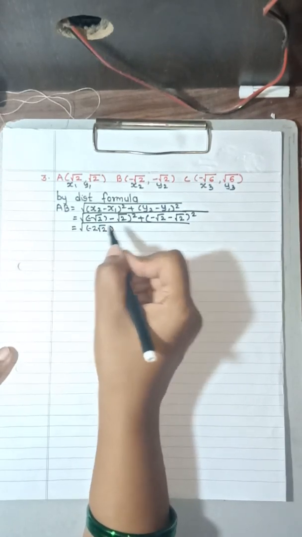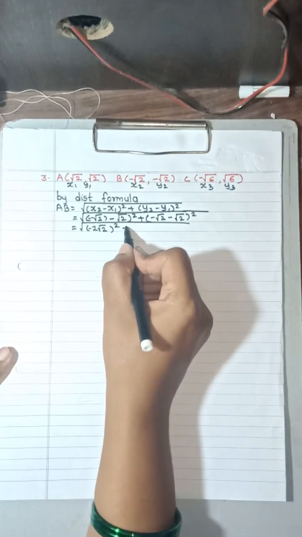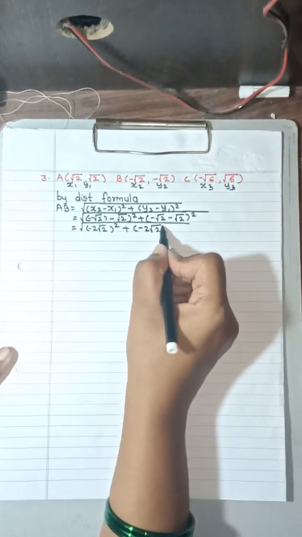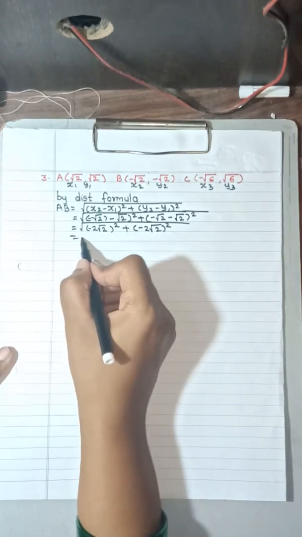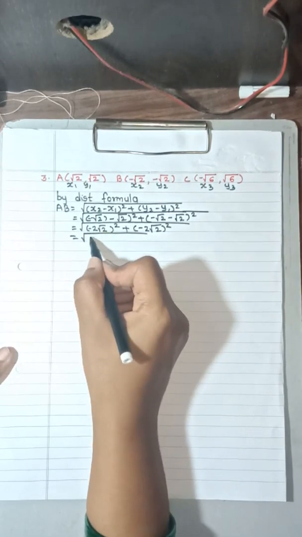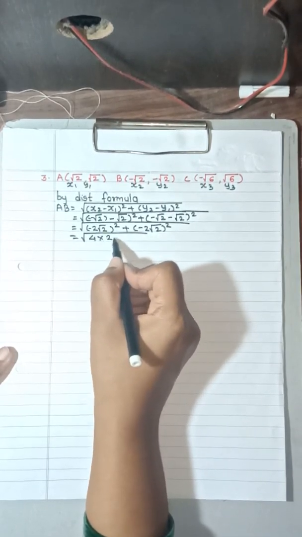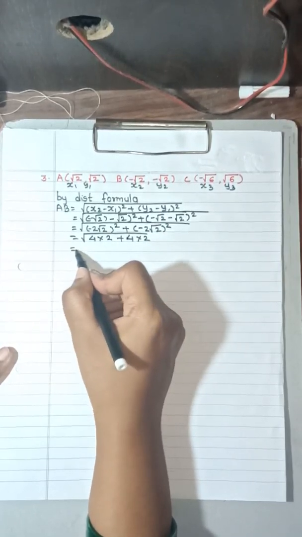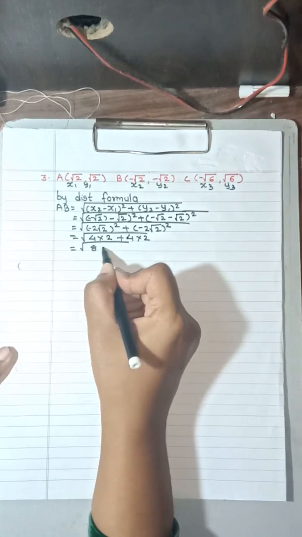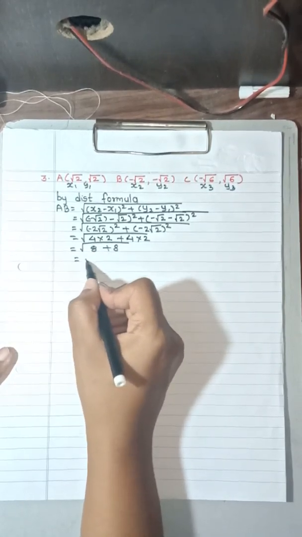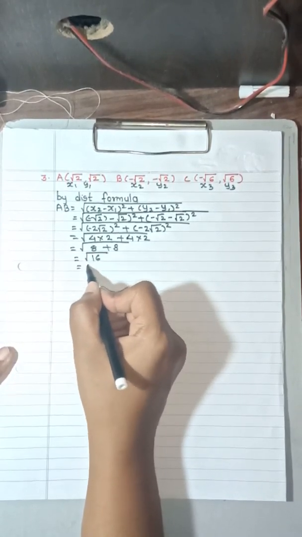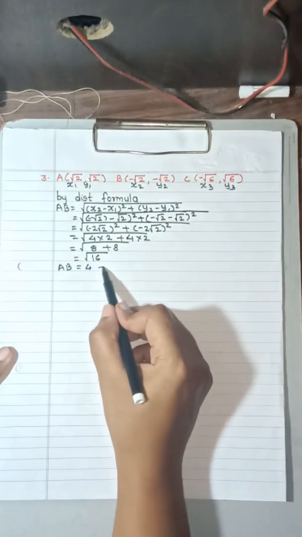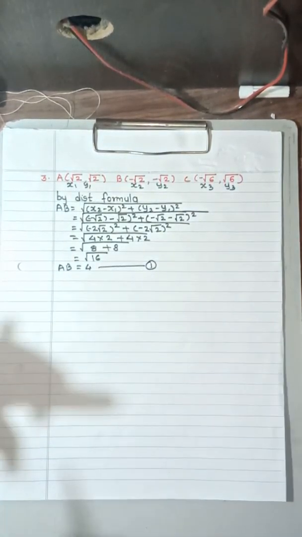Okay, (minus 2 root 2) square plus this will be also (minus 2 root 2) square. This will be nothing. 2 square will be 4 into 2 plus 4 into 2. This is 8 plus 8, that will be equal to 16, and that is equal to 4. AB is equal to 4. This will be your equation 1.